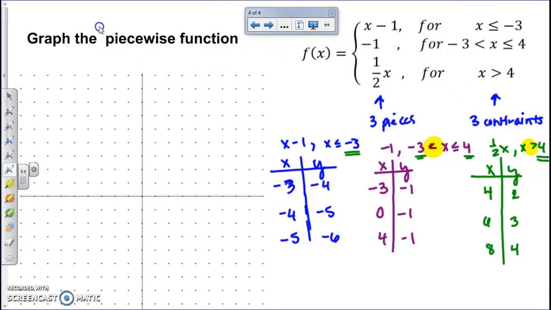Okay, so let's graph these pieces of this function. I'm going to graph the blue piece first. You'll see that all of these are linear because none of these have exponents on the variable. So when I graph the blue piece, I'm going to graph these 3 ordered pairs and connect them using a line. So -3, -4.